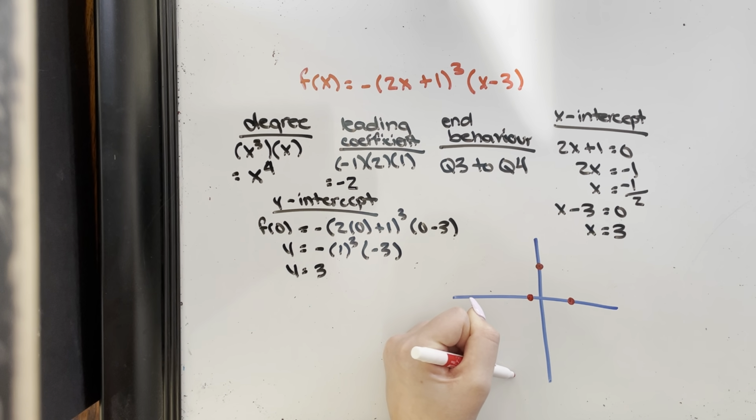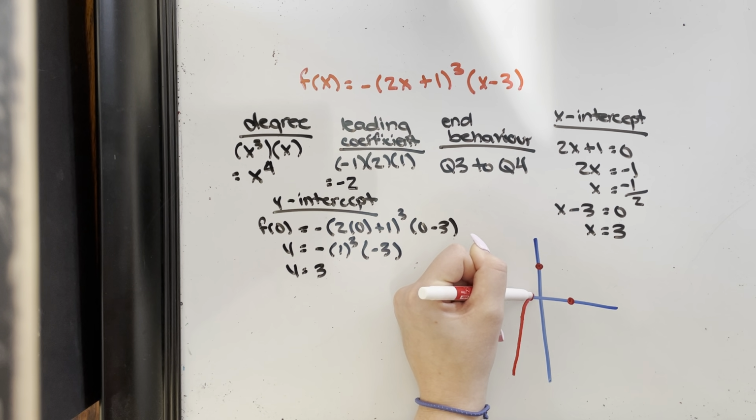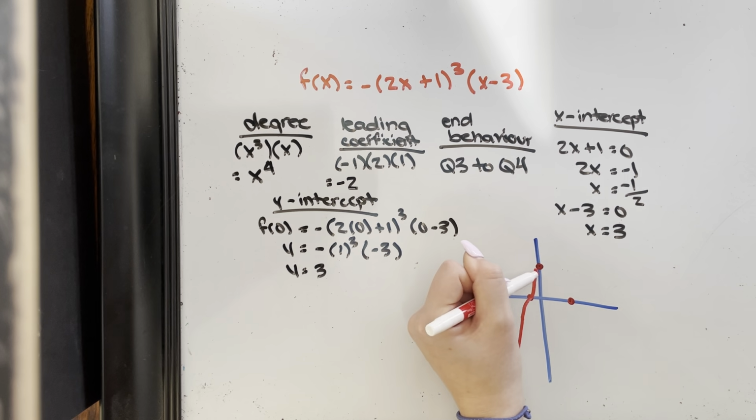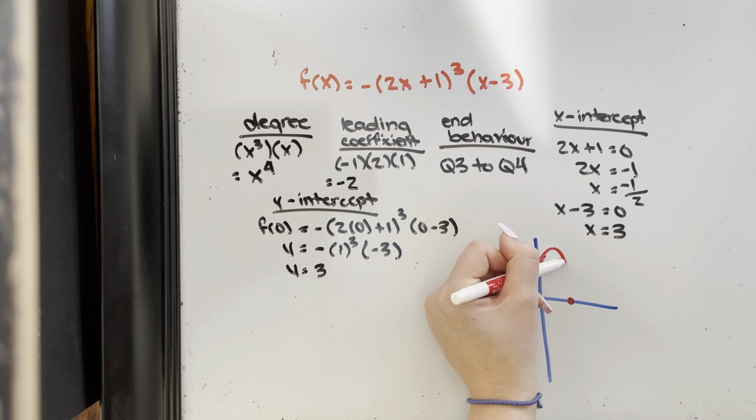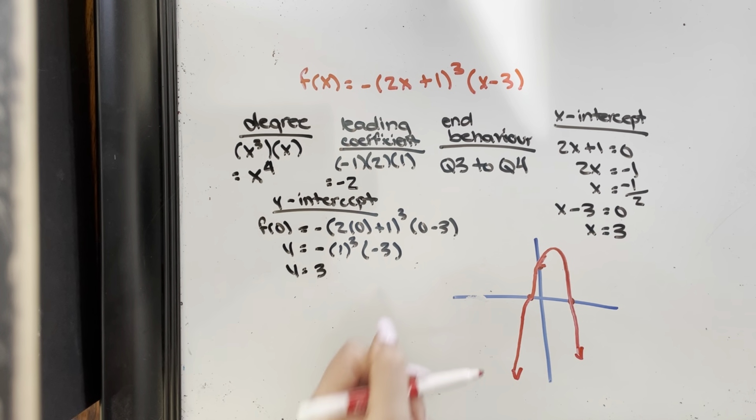So this one's going to go through and make an S shape. It's going to go through the y-intercept, and then it's going to come straight through that x-intercept. So this is what this graph would look like.